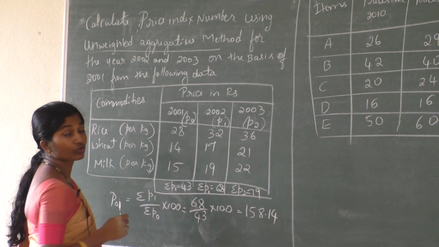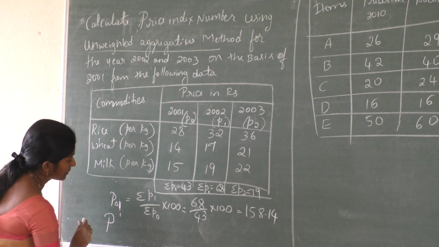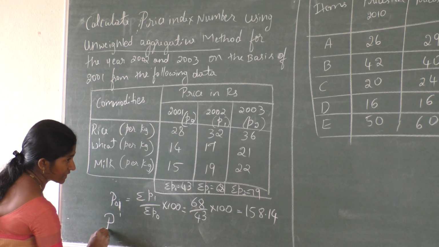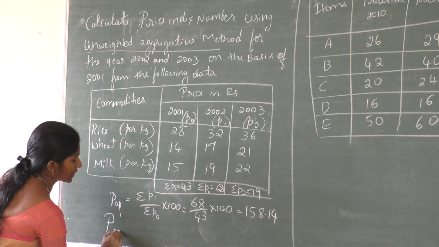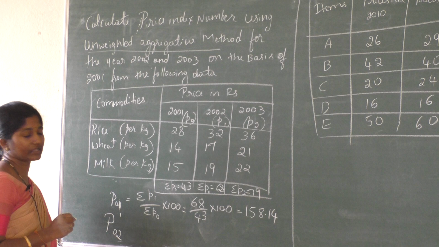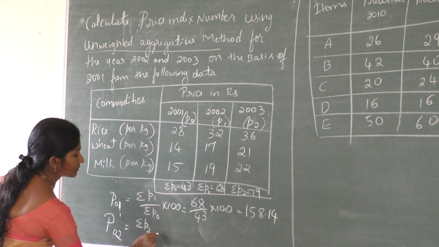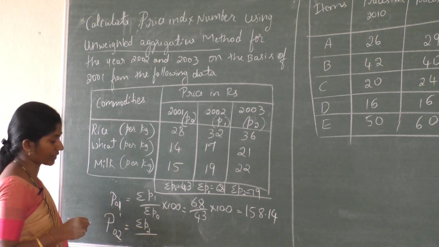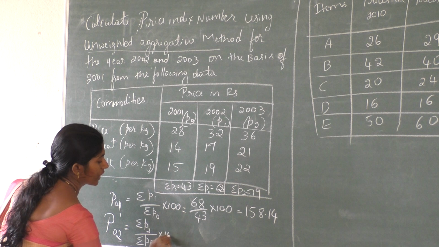Now calculate 2003. Again the price index number of 2003. I will take this as 2. Another one equals summation P2, instead of P1 I am writing P2, divided by summation P0 into 100.